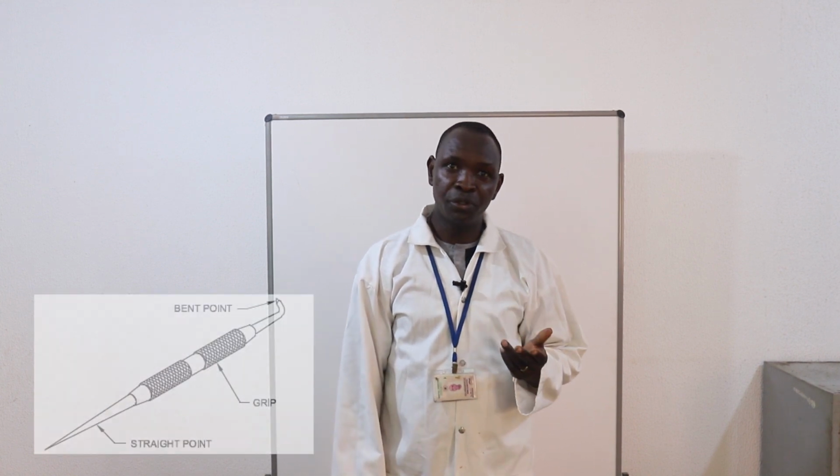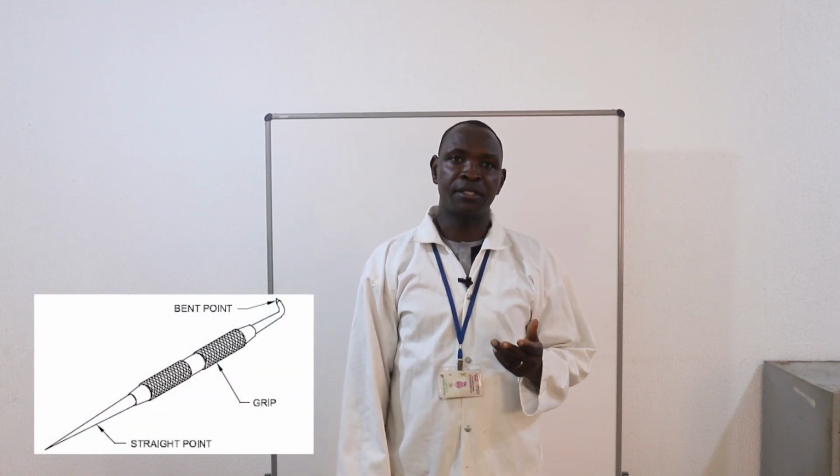Now, let's talk about the scriber. A scriber is a basic tool in workshop practice, especially during fabrication work. We use a scriber to mark out lines on a workpiece, such as on mild steel plate. Similarly, the tri-square is also a key tool for 90-degree setting and checking on a workpiece.